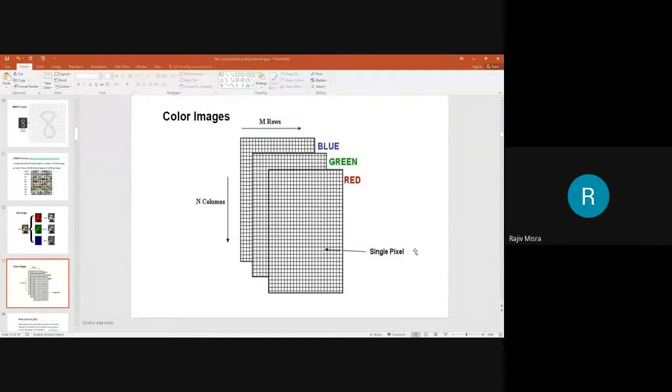So this is a typical colored image with a depth of 3, that is blue, green, and red, and the size of each of these images is m rows by n columns. So it has a 3-dimensional input: m rows, n columns, and 3 dimensions, that is red, green, and blue.